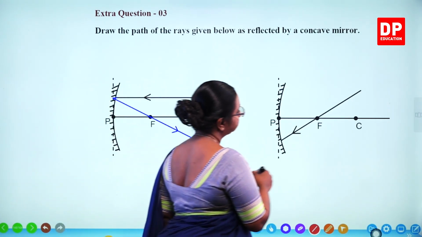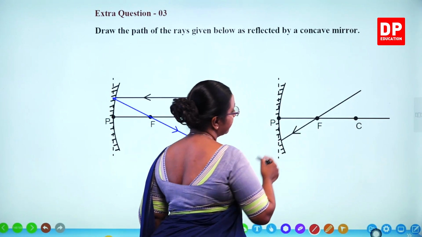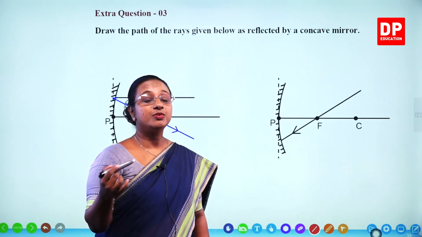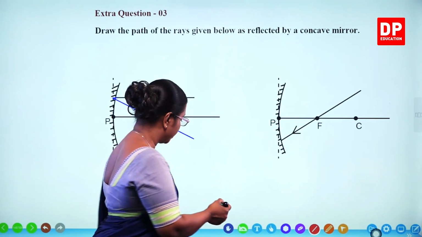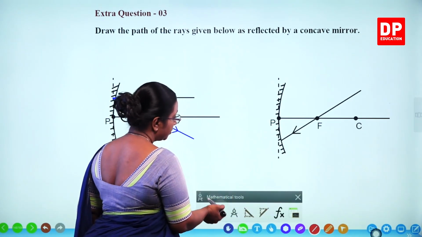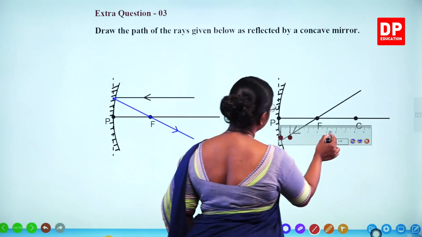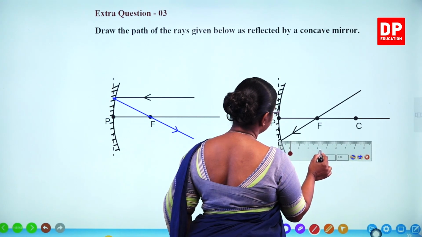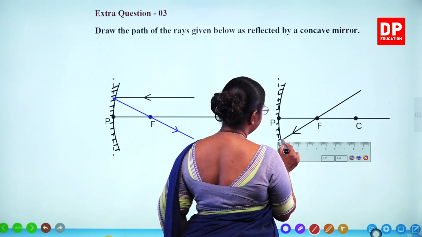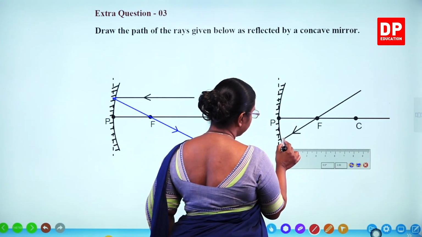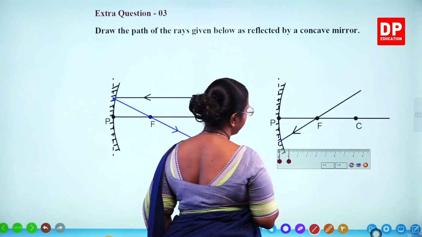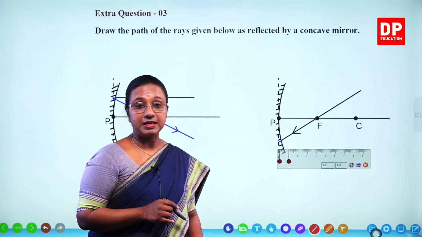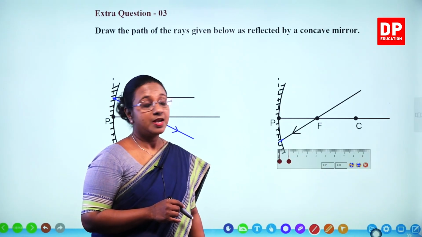Then this one. A ray that is coming along the focal point has to reflect parallel to the principal axis. So then to make sure that I draw a parallel line, again here the ray has to touch the line that is used to denote the mirror. Why is that?